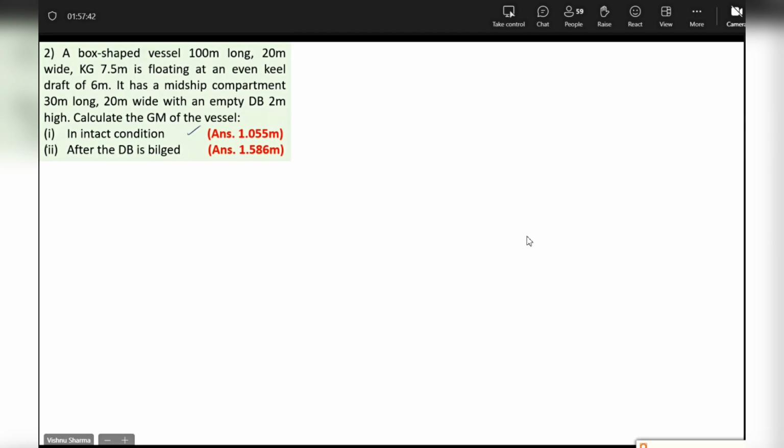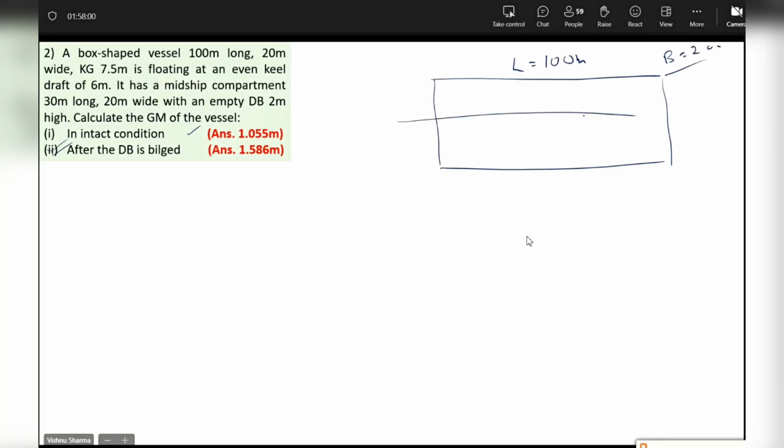So now I'm taking the second part of it, okay? And I'll be asking questions in between. A box-shaped vessel, 100 meters long by 20 meters breadth, floating at a draft of 6 meters, WL, has a midship compartment, length 30 meters, breadth 20 meters, with a double bottom empty of height 2 meters.